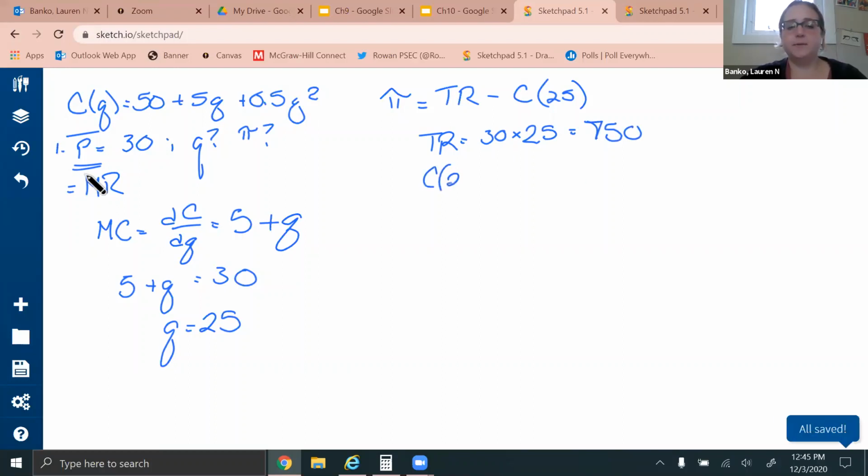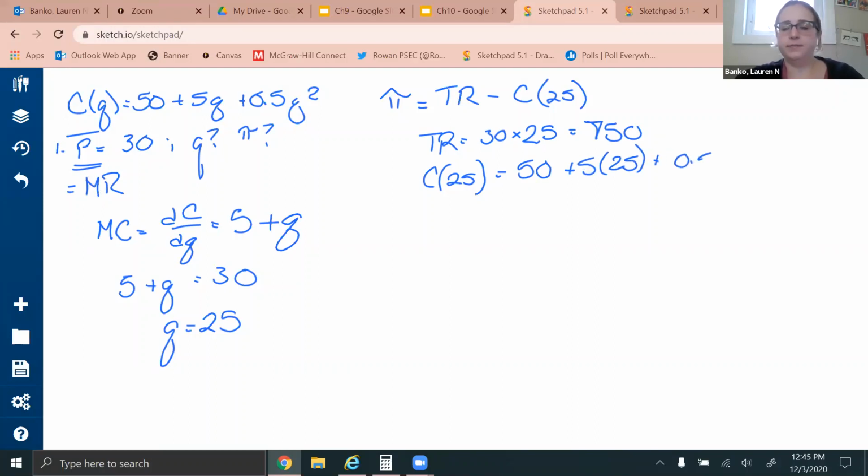And the cost of 25 is just when we use q equals 25 in our cost function: 50 plus 5 times 25 plus 0.5 times 25 squared. And if you throw all of this in your calculator, you should get 262.5.